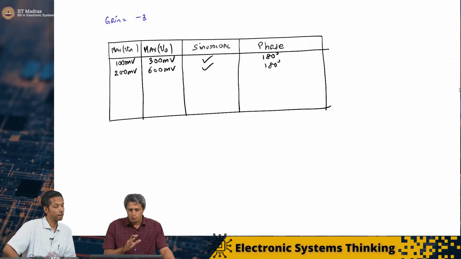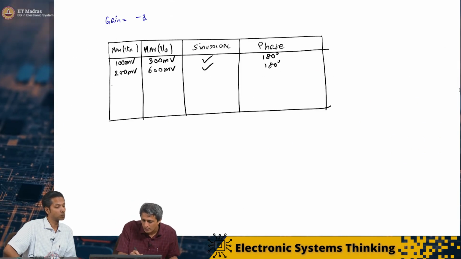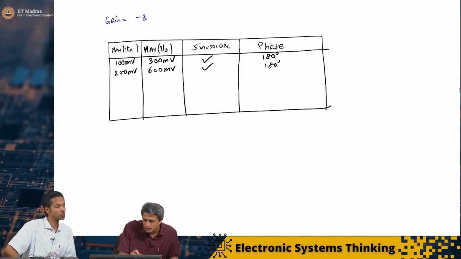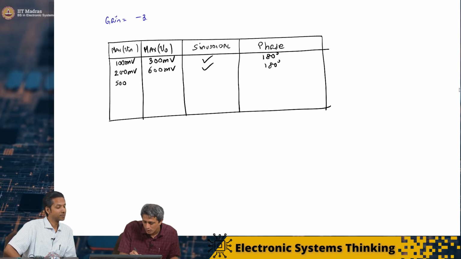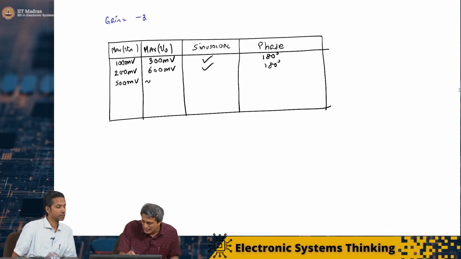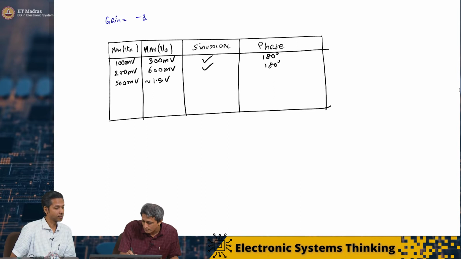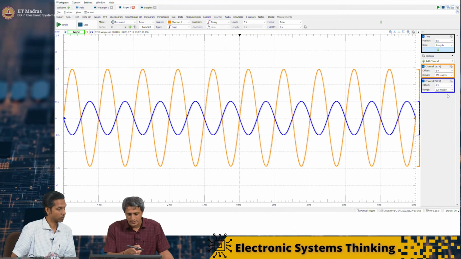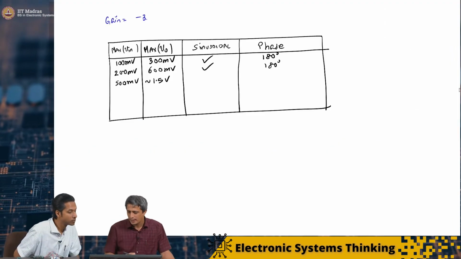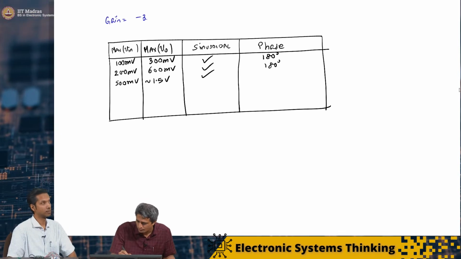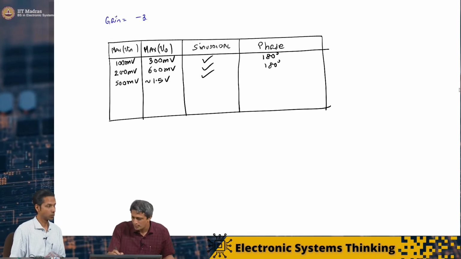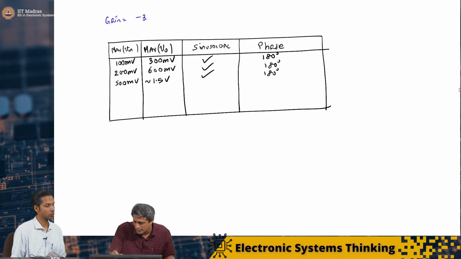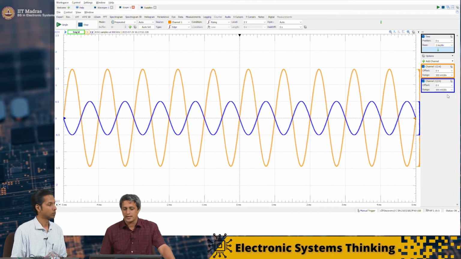The output is nearly 1.5 volt. I won't say it's exactly, because it is not getting there. It is sinusoidal reasonably and the phase is still 180 degrees.